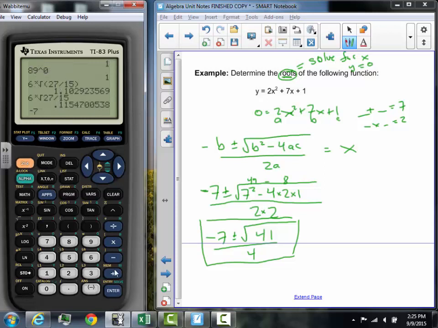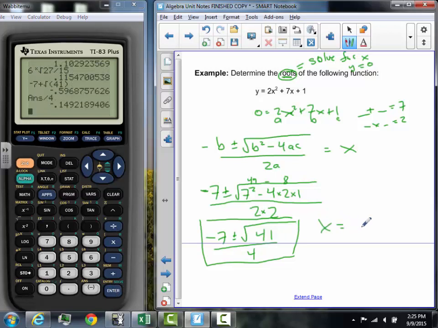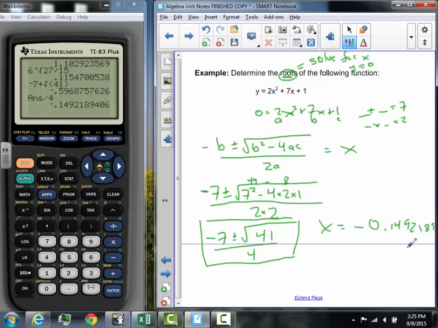Minus 7 plus root of 41. I would press enter at that point and then divide it all by 4. One of your answers for x is negative 0.149218, etc.